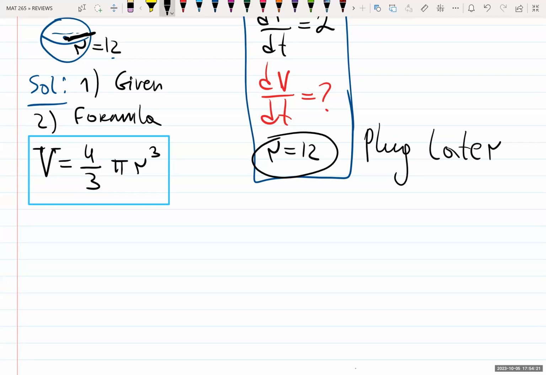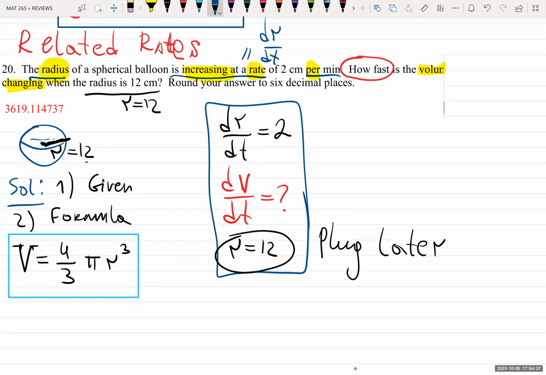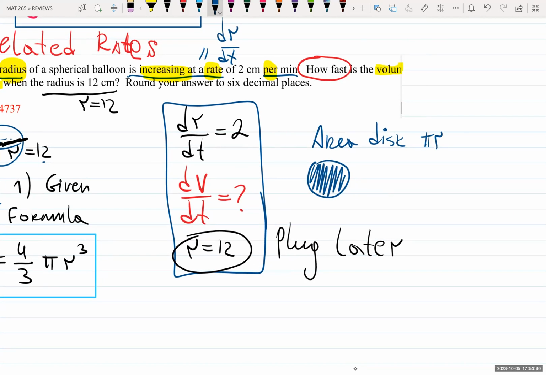We do expect you to know basic formulas for the area of the disk. What is a disk? A disk is a circle with stuff inside, a filled circle. That's what they call a disk in English. Pi r squared. Remember, squared means second dimension, it's area.